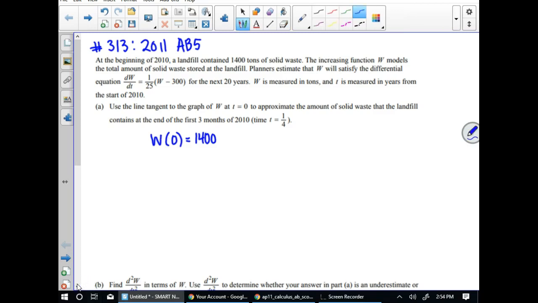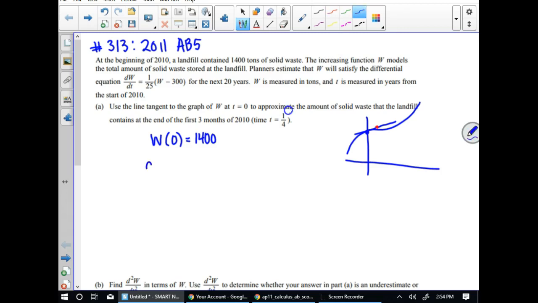And we are wanting the tangent line at 0. So we've got some sort of curve, and we know that it goes through here, and we're going to make ourselves a tangent line. And if we're only looking at t equals 1/4, if we plug in 1/4, that's going to be pretty close to what the actual amount is.